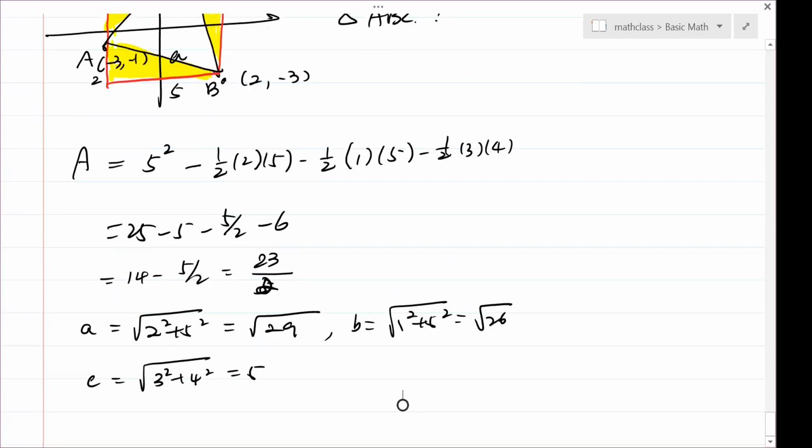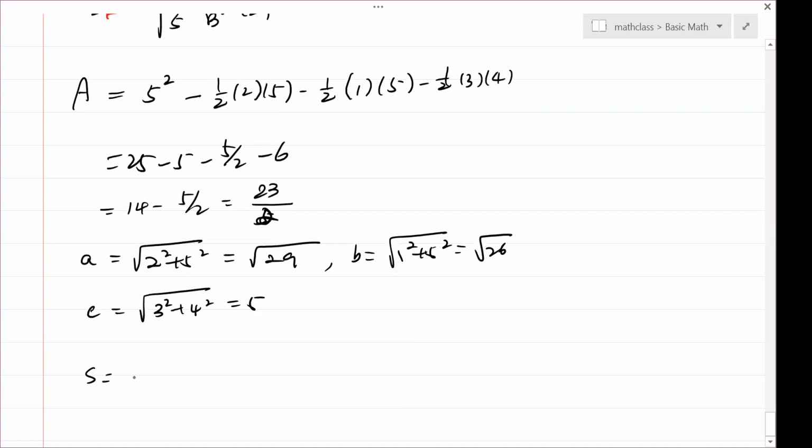Of course, you can use the 3 sides to find the area, but it's very difficult to simplify it to this fraction. Okay? Yeah, it's not easy. You will get very strange numbers if you want to use Heron's formula. Okay? Technically you can. S is going to be half of A plus B plus C. And what do you get?